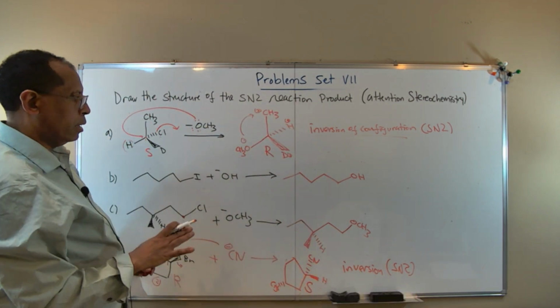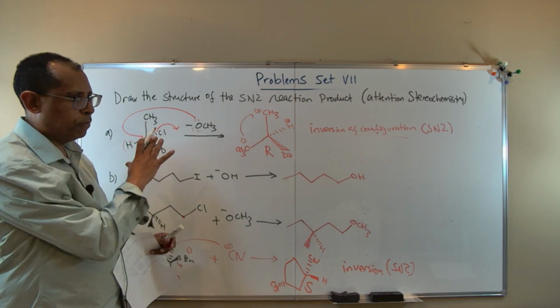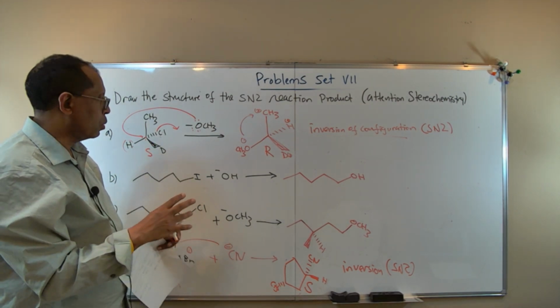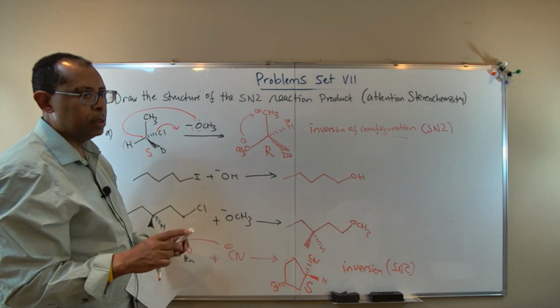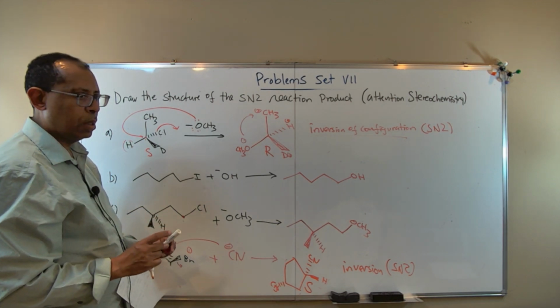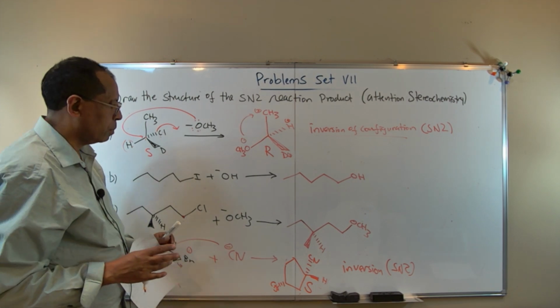So as a summary for all SN2 reactions, if you have a chiral center, if it happens to be where the halide or the leaving group is on, there would be a change in stereochemistry. That is called inversion of configuration.